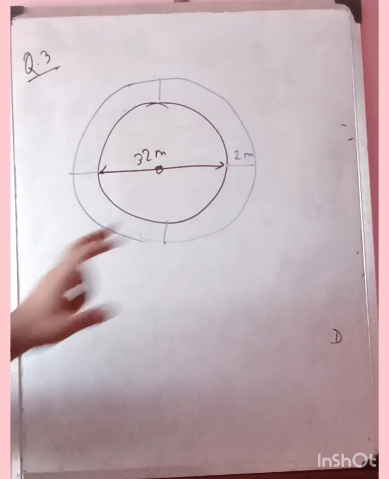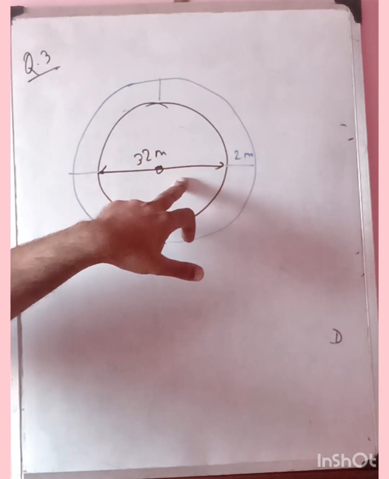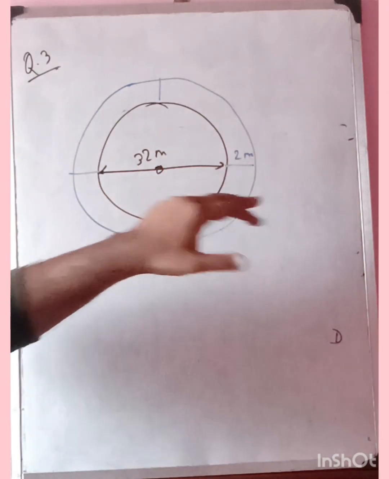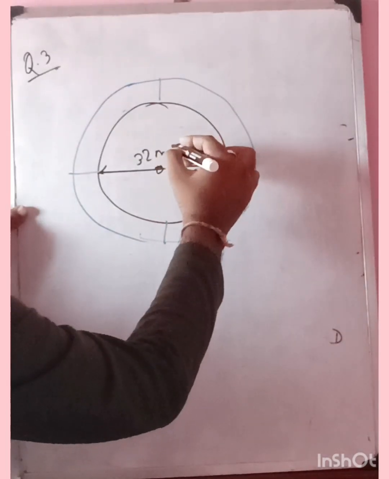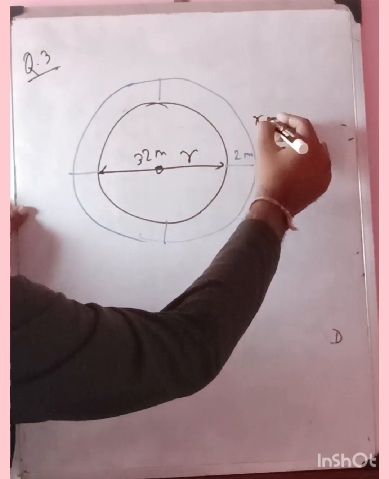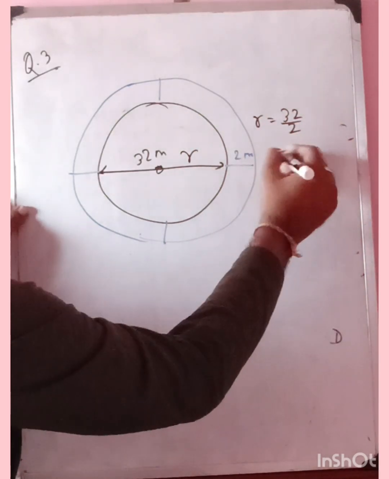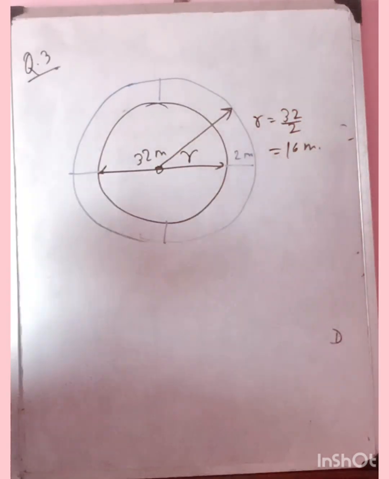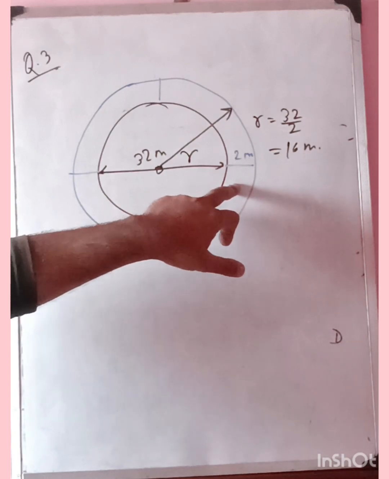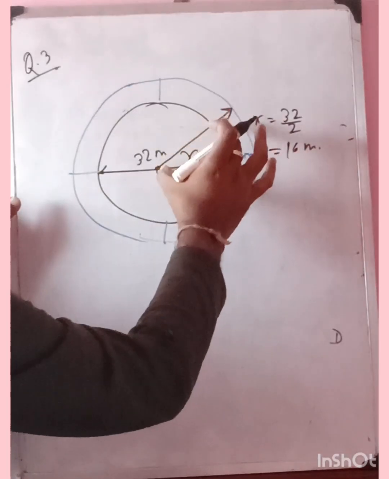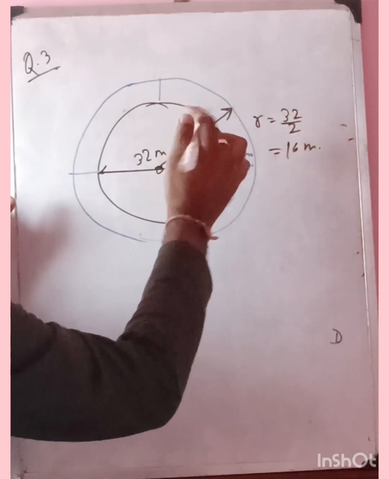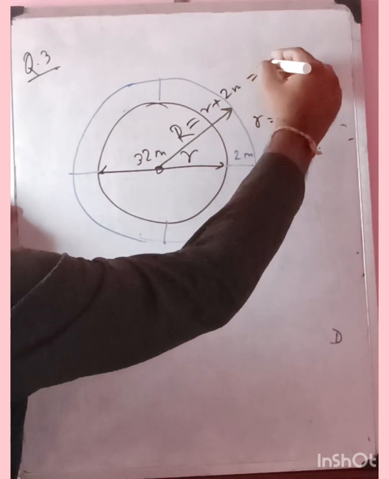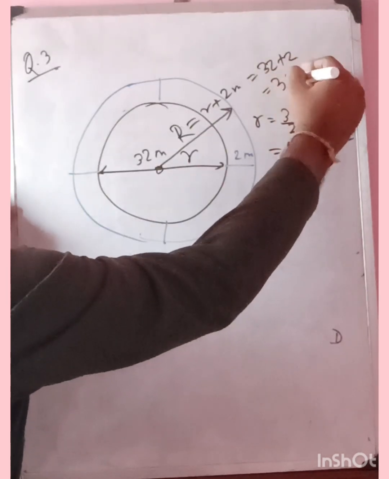So generally we take the inner radius as small r and the outer radius as capital R. So here small r is nothing but 32 by 2, 16 meter, and the capital R, that is the radius with the path. You get it just by adding the thickness of the path. So capital R is nothing but r plus 2 meter, that is 18 meter.